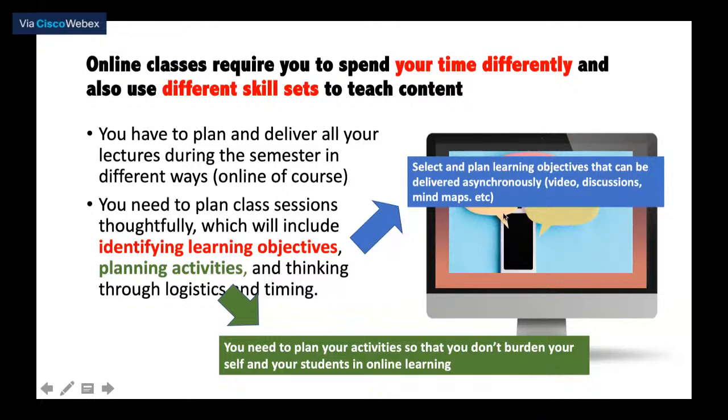This means that when you plan your class, you decide this topic can be delivered asynchronously, for example with a video. If you don't think you can provide good videos, then you can ask them to do discussion, you can give them a PDF, whatever, but you must make sure that they are active in their own learning.